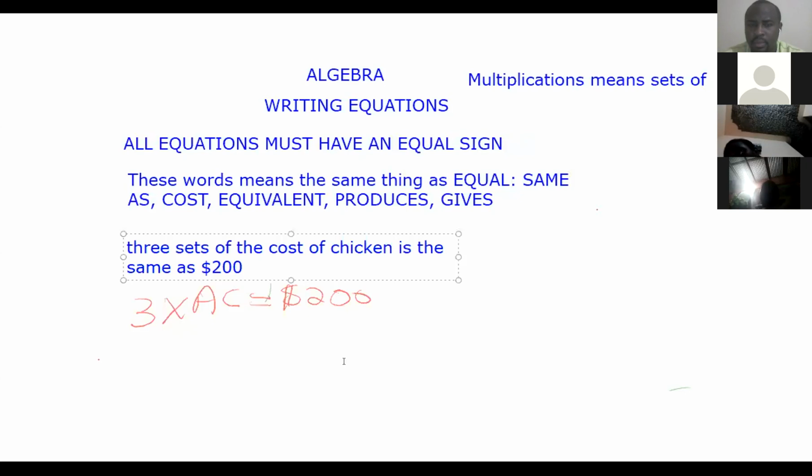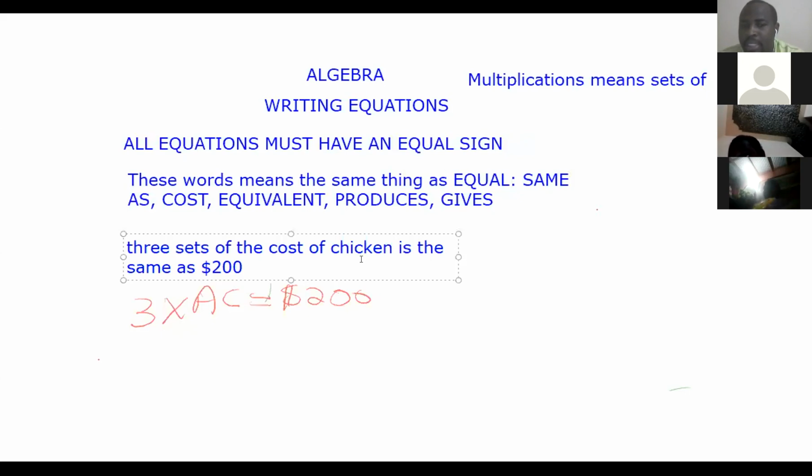Sir, I don't understand. Okay, you're popping in and out, Devonique, so you're missing the main points here. Let me try to explain again. These are some words up here. All equations must have an equal sign, got that? So these words mean the same thing as equal.